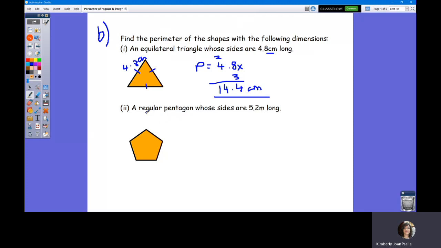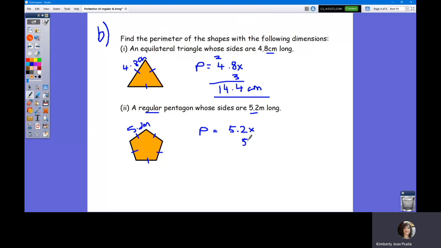Now we have a regular pentagon whose sides are 5.2 meters long. Why is it regular? It is regular because all the sides are equal in length. So if one side is 5.2 meters long, the other sides should be 5.2 as well. So how do we find the perimeter? We can use the shorter method by multiplying 5.2 by the number of sides.